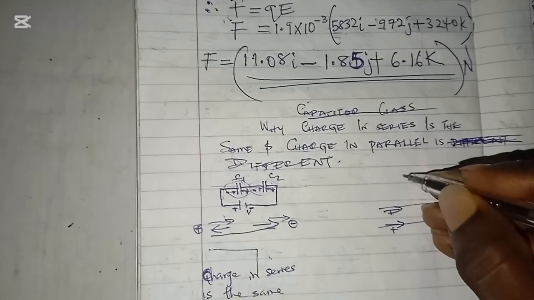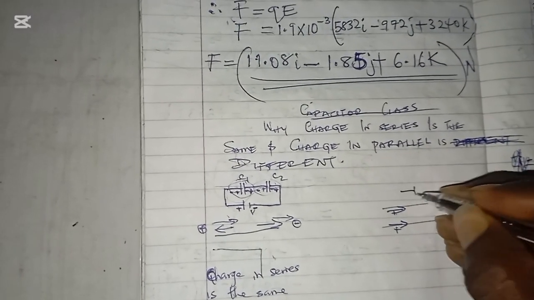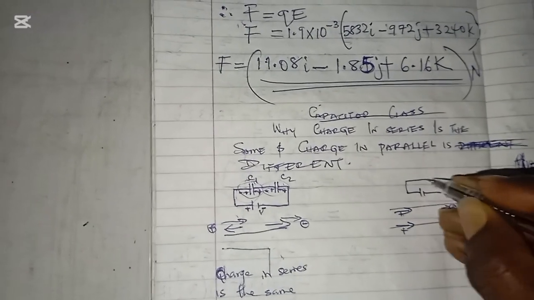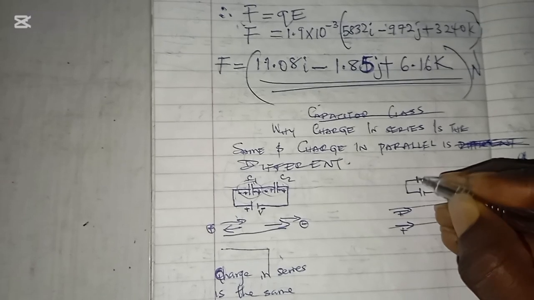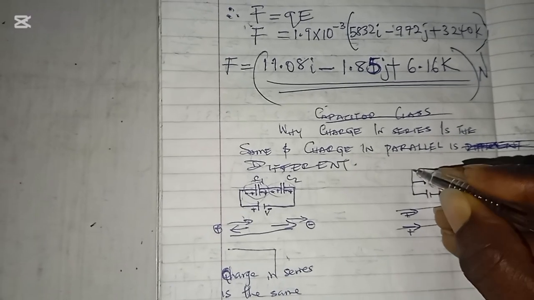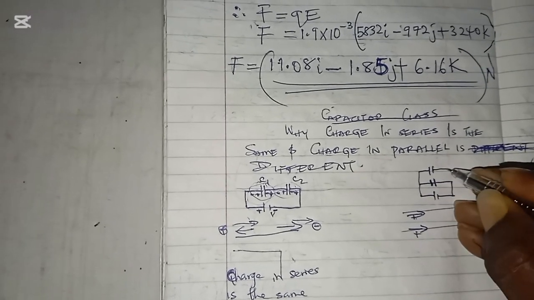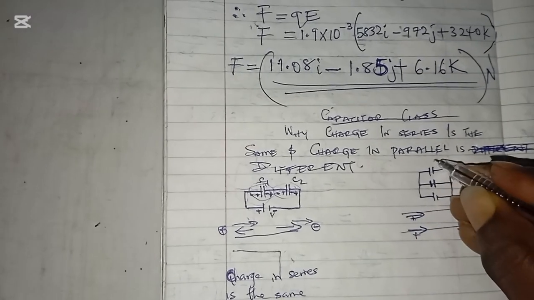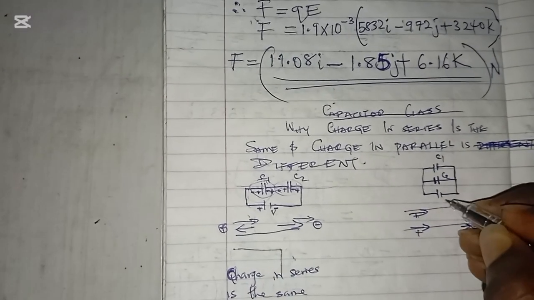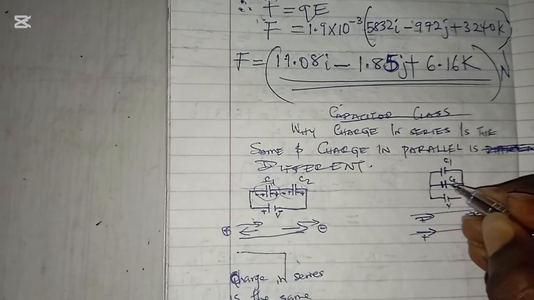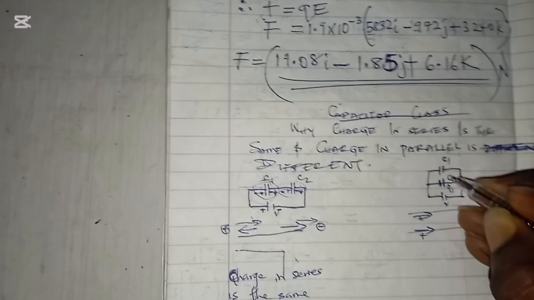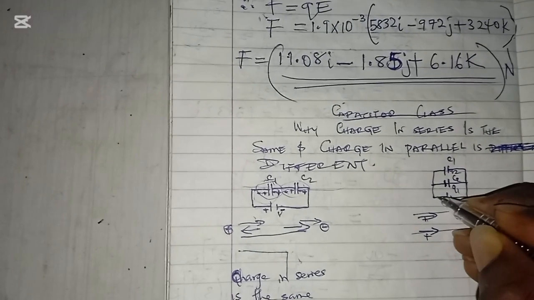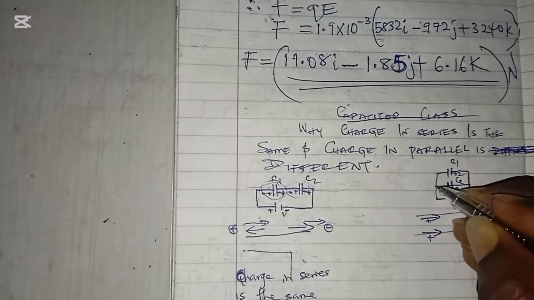while for parallel, let's say I have something like this now. So you can see that if I have this to be C1, this to be C2, and I have V, the charge that will happen here will definitely come here and get Q1 and get Q2, because as it moves, it will enter this one.